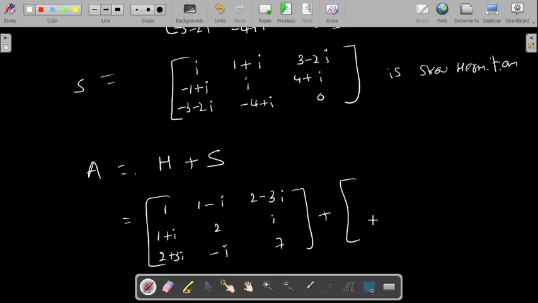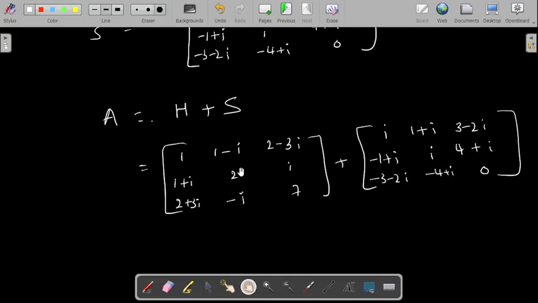Plus S matrix: I, 1 plus I, 3 minus 2I, minus 1 plus I, 4 plus I, minus 3 minus 2I, minus 4 plus I, 0.